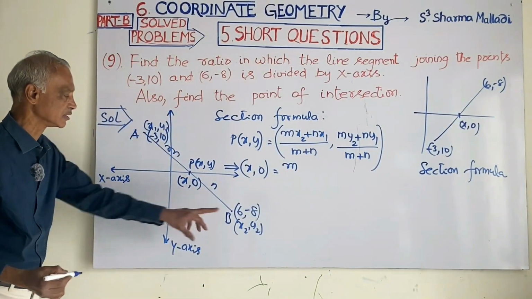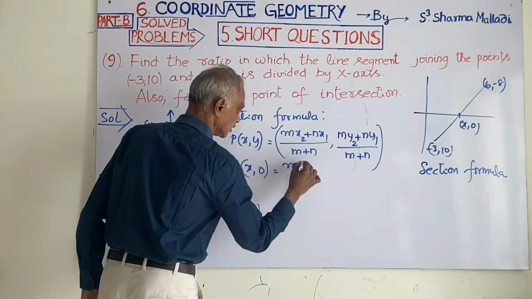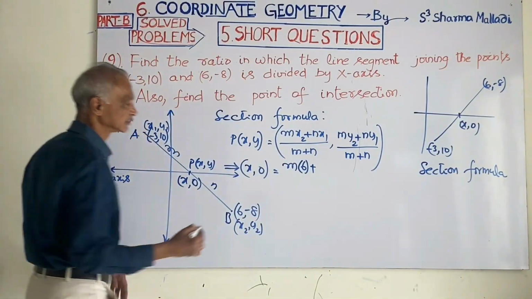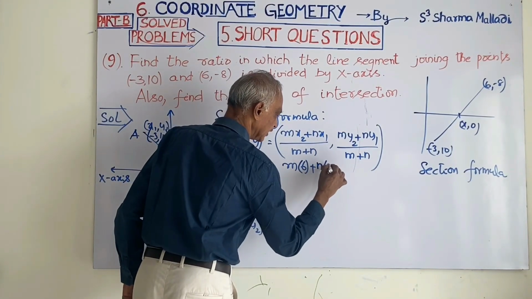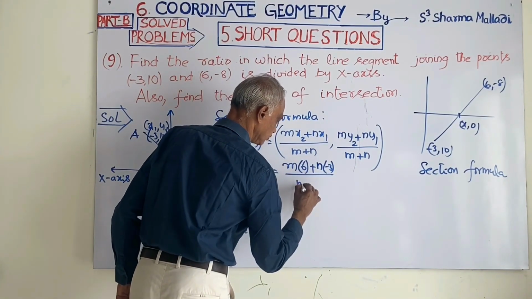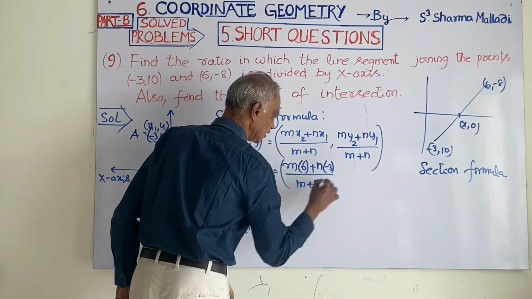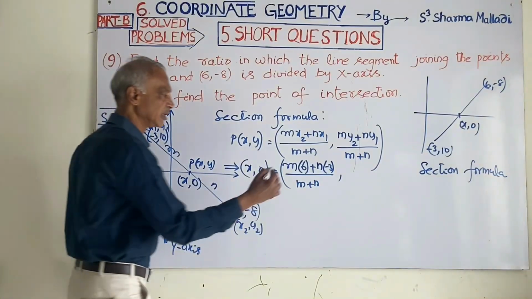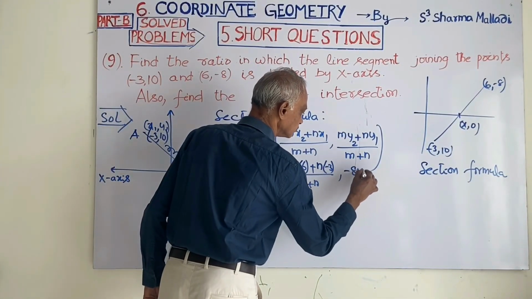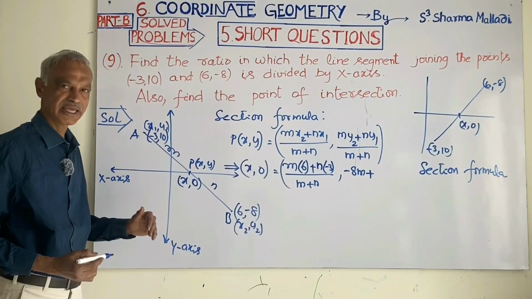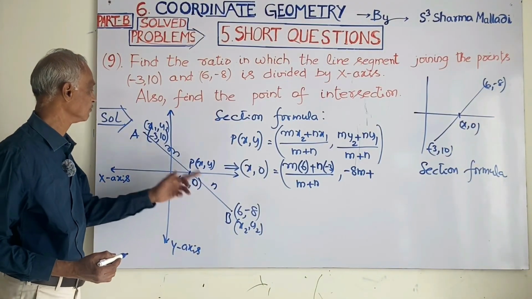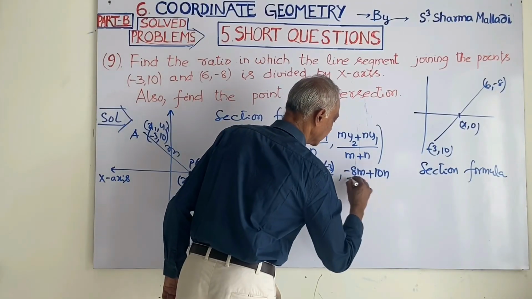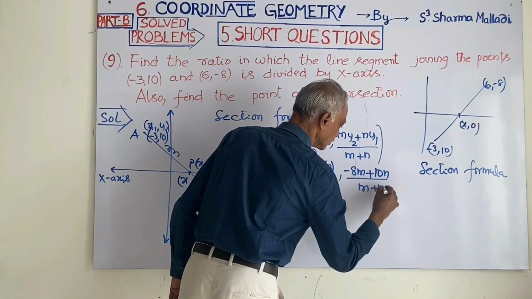Now mx2, what is x2 here? 6. 6m plus nx1, x1 will be -3, n into -3, by m plus n. We don't know the ratio, we have to find m is to n. my2, what is y2 here? -8 into m, -8m plus ny1, what is y1? 10. 10n. You have to write 10n by m plus n.